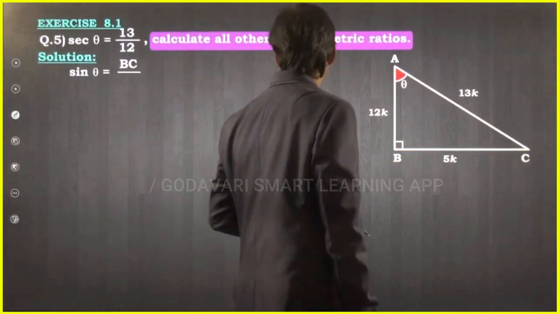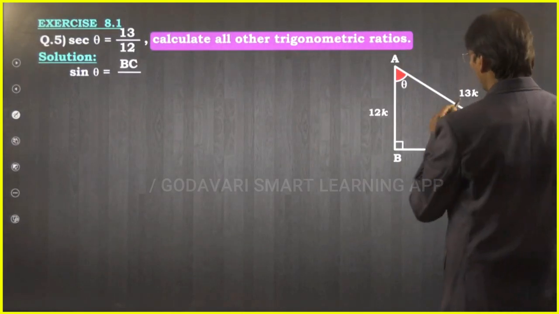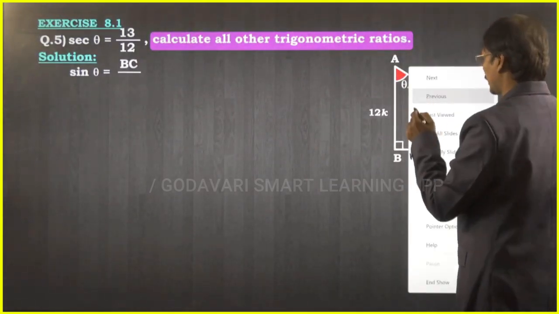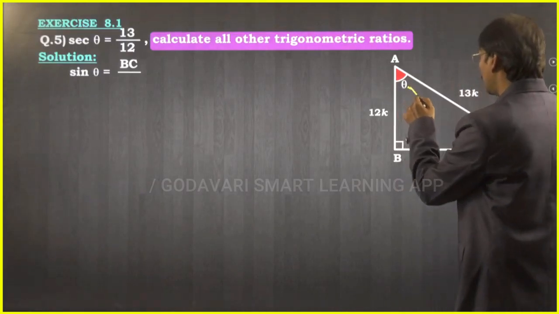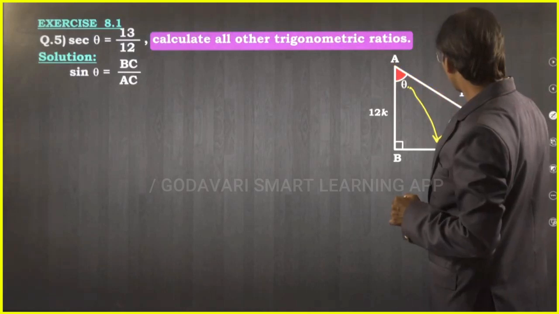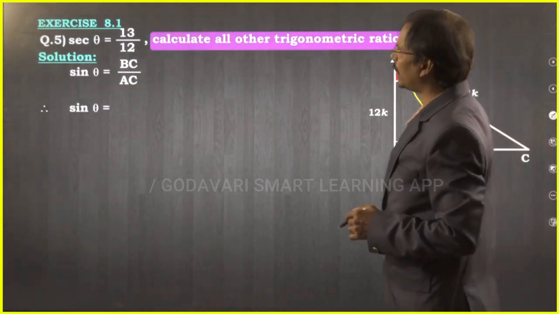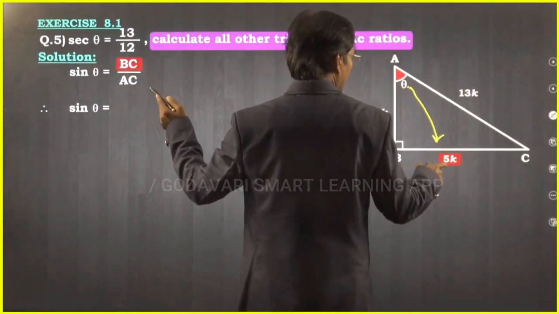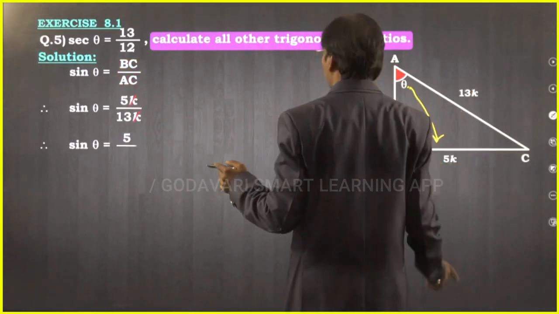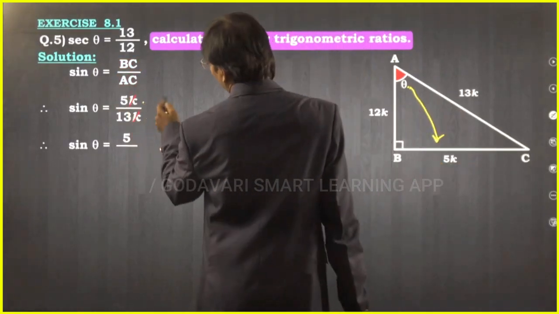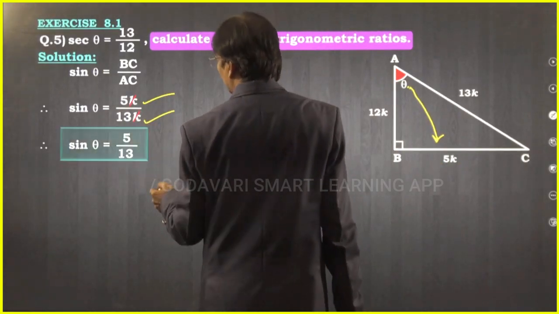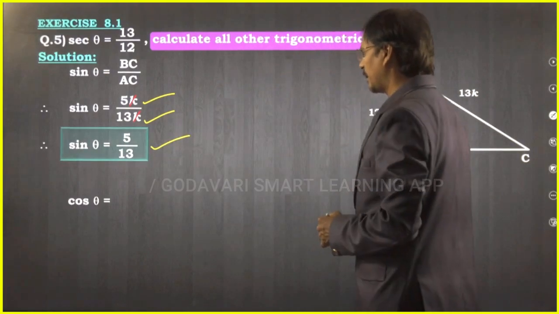Sin theta is nothing but opposite side by hypotenuse, which is the side opposite to angle A, by hypotenuse. So sin theta is equal to opposite side BC by hypotenuse AC. BC is 5k, AC is 13k. So k cancels, that is sin theta is equal to 5 by 13.